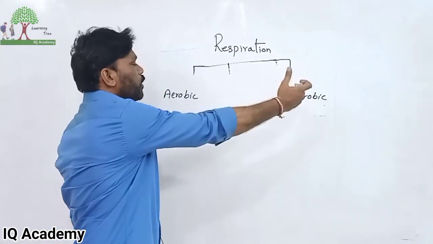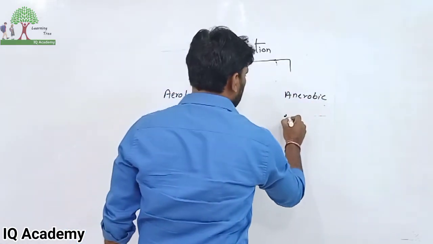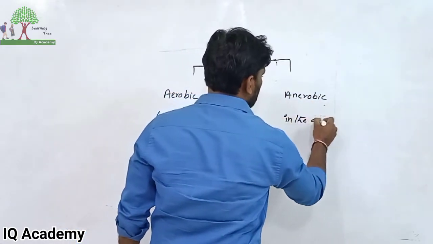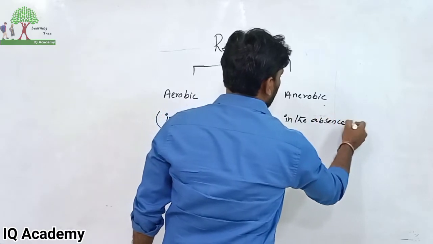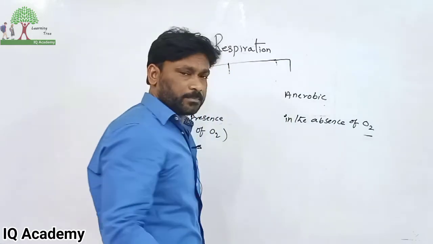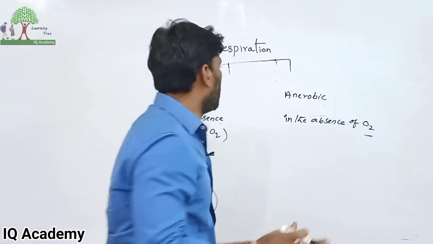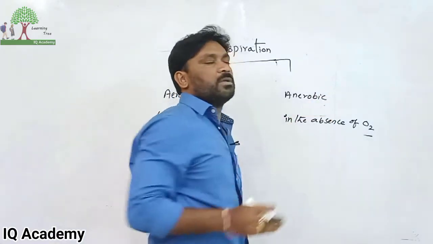Opposite to aerobic respiration, anaerobic respiration takes place in the absence of oxygen. What are the products formed during aerobic respiration? What are the products formed during anaerobic respiration?